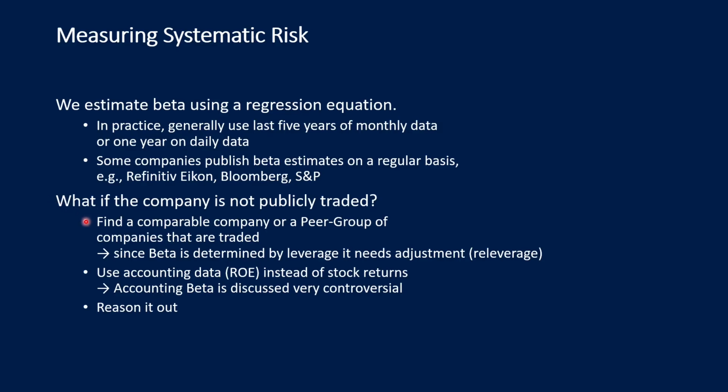Of course, we can find a comparable company or a peer group of companies that are traded. But we have to keep in mind that the beta that we measure by using OLS regression is determined by leverage. It needs some adjustment that we call releverage. We can also use accounting data like the ROE instead of the stock returns, but the accounting beta is very controversial.